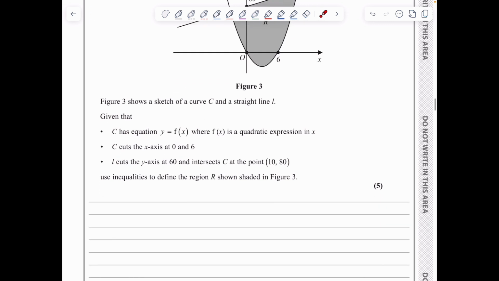I will start by considering the equation for the curve C. We know f of x is a quadratic expression in x. Using the fact that we've got cuts on the x-axis at 0 and 6, the factorized form for f of x will be k times x times x minus 6, where there might be a constant k that I need to determine. This form ensures that we are cutting the x-axis at 0 and 6.